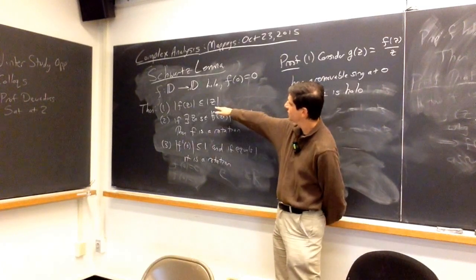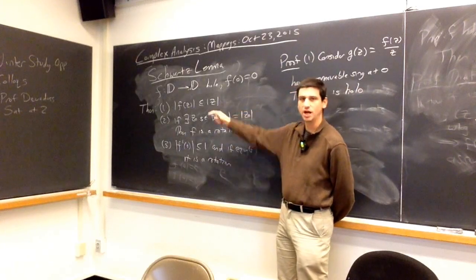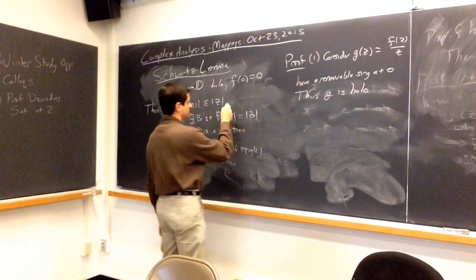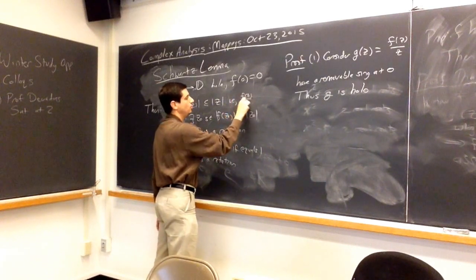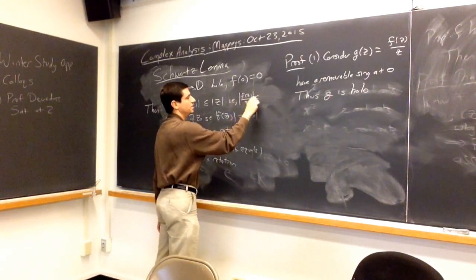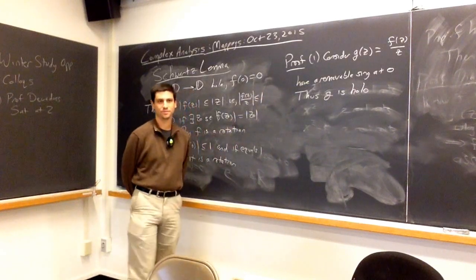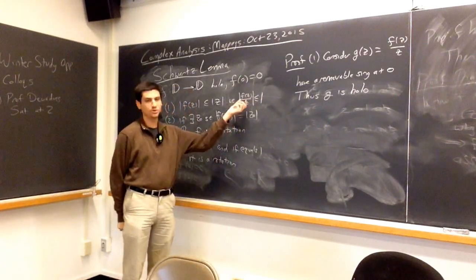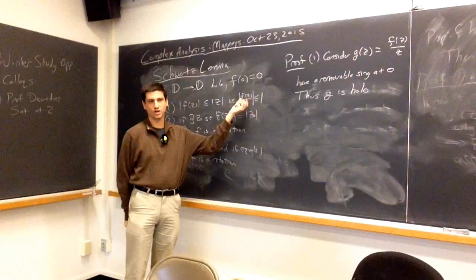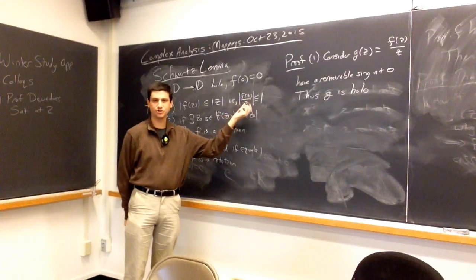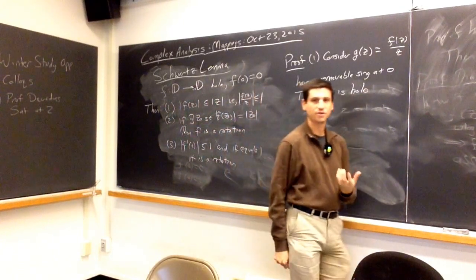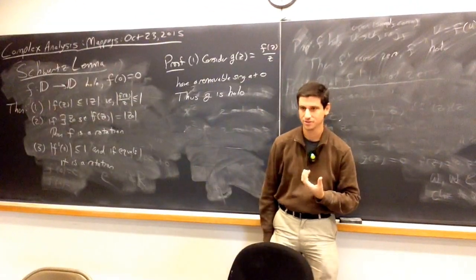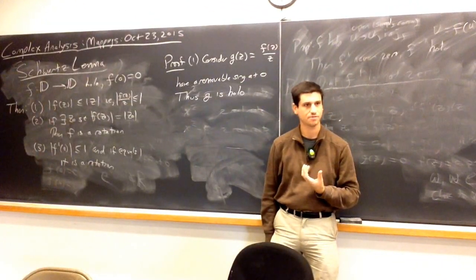What do we know about holomorphic functions? We're trying to show the absolute value of f of z is less than or equal to the absolute value of z. There's another way of writing this, i.e. the absolute value of f of z over z is less than or equal to 1. We're talking now about a ratio, the magnitude of this function g. Do you know anything about where holomorphic functions are large? On the boundary.